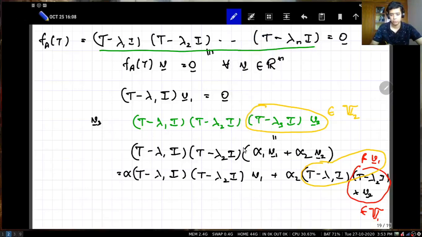So now the question is, what is T minus lambda 1 I times T minus lambda 2 I times v1?